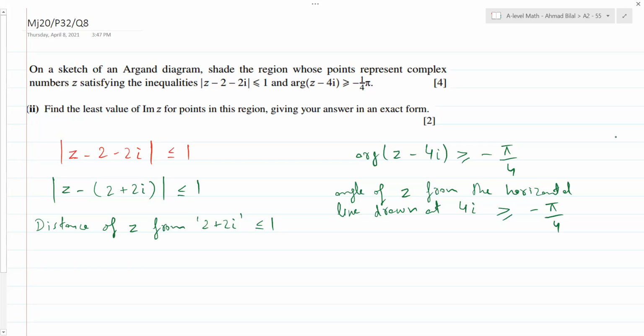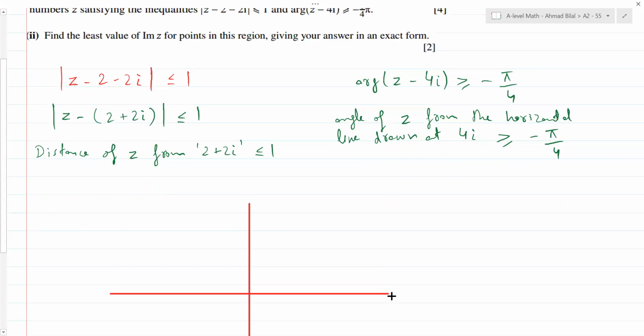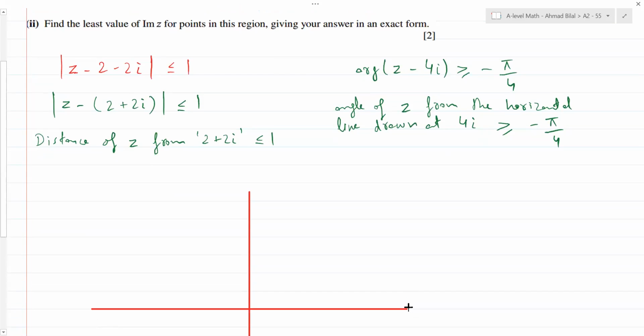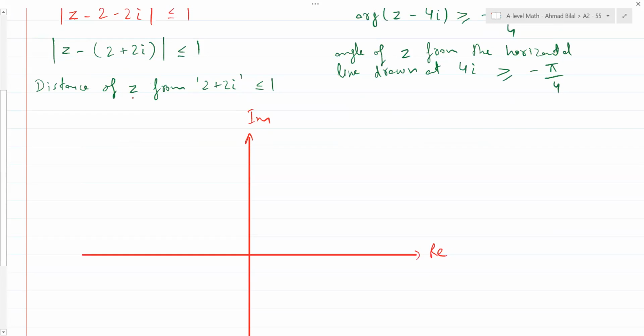Got it. Okay, now let's draw this. It's a 4-mark question, so it's going to require some thinking. This is our imaginary axis. This is the real axis. Which 2 points are we talking about?